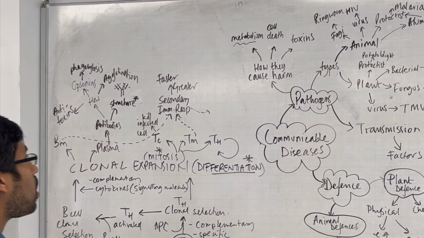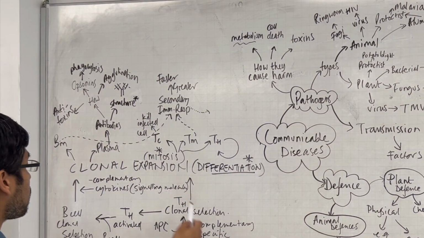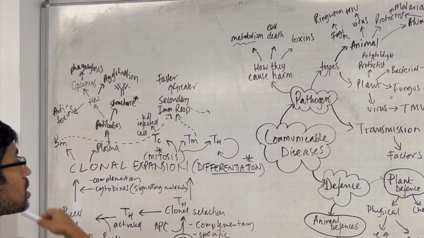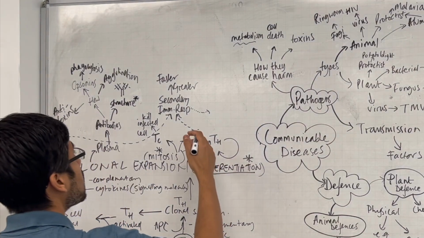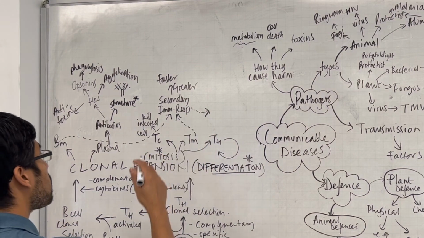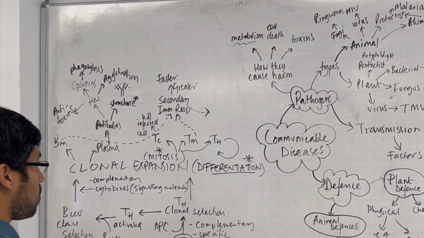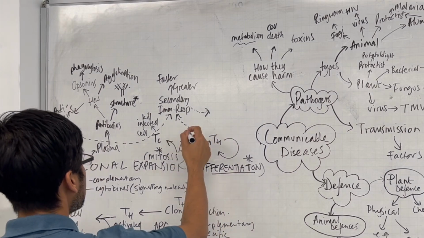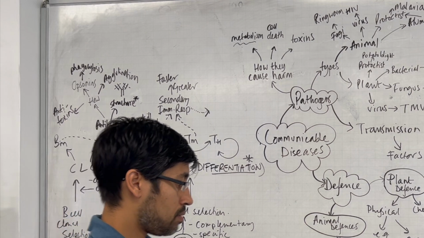Can you explain why? Can you explain why there's no symptoms a second time in the secondary response? So you've got to call on your knowledge of the T memory and the B memory cells. Not having to go through the whole clonal selection and all that stuff, right? You still have to expand the populations, but you've already got these memory cells, so you don't have to go right the way from the beginning.